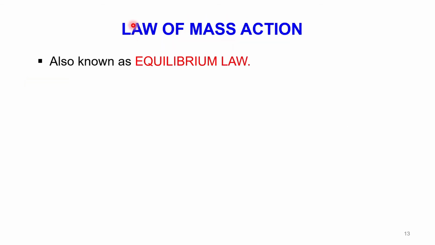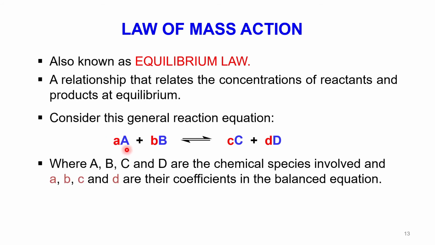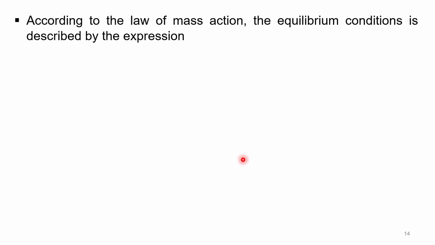Okay, this one is the law of mass action, or as we know it, the equilibrium law. So from this law, okay, it relates the concentration of reactant and product at equilibrium. For example, we have A reacting with B, producing C and D. Okay, the A, B, C, D in red refer to the coefficient, or number of moles, for the reactant and product.